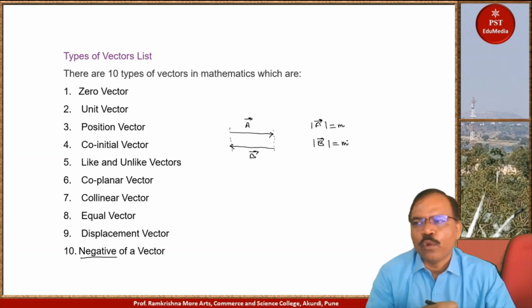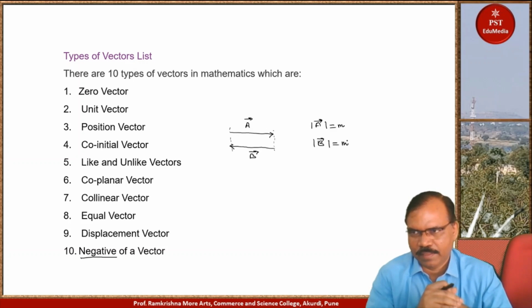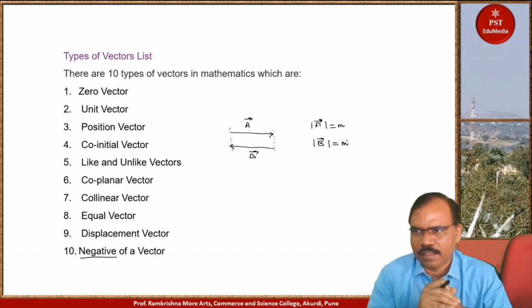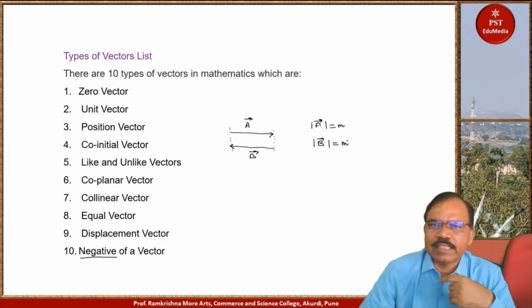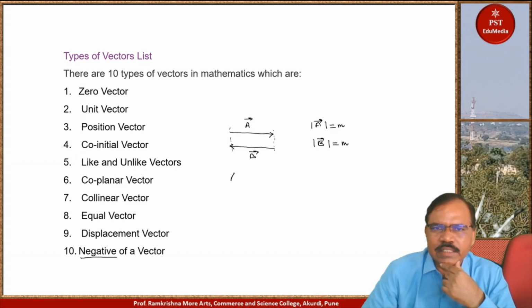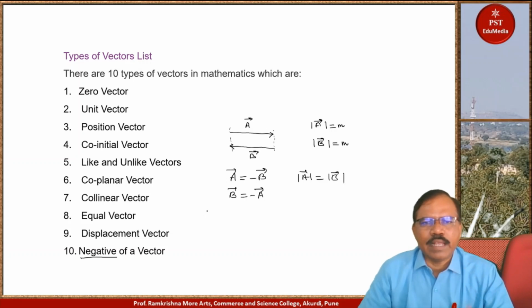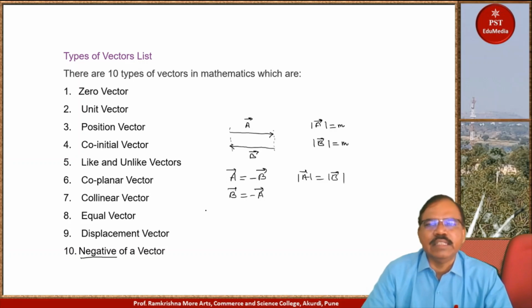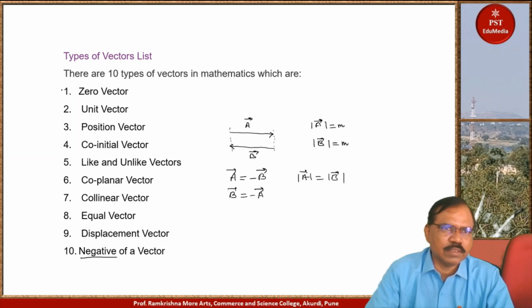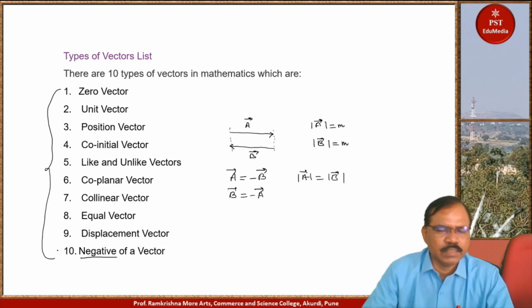Then vector A is called the negative of B, or vector B is called the negative of A. And these can be written like this: A is equal to minus B, or B is equal to minus A. And if we take magnitude, the magnitude of A will be equal to the magnitude of B. So A is the negative of B, B is the negative of A. So these are some types of vectors.